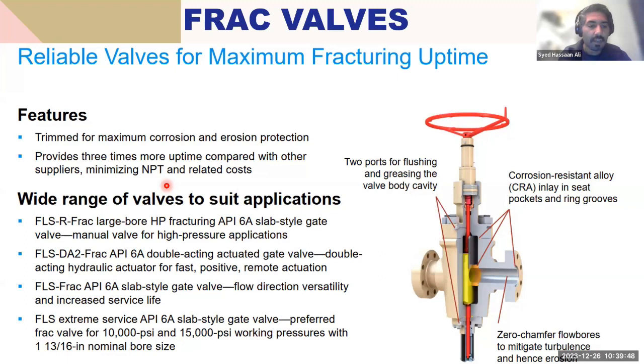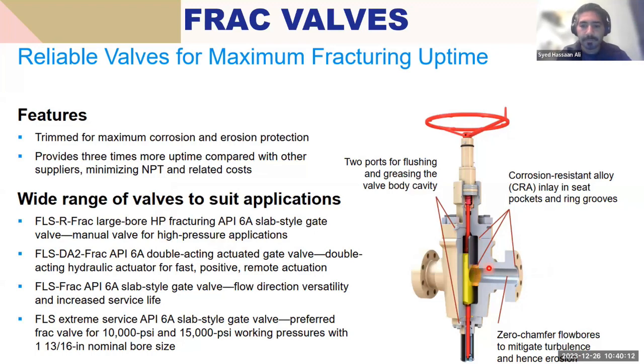In the frac stack, we have different types of valves which are part of it. But one of the things about the frac stack is that all of these are gate valves. They have a slab type of gate with a metal to metal seal. We have seats made of CRA alloys.